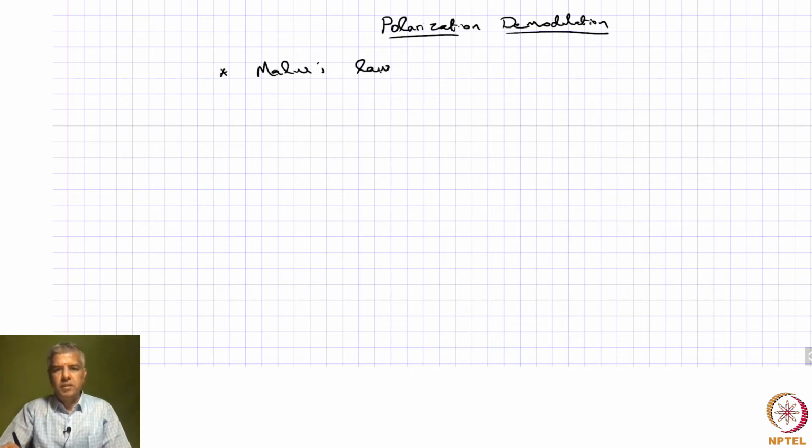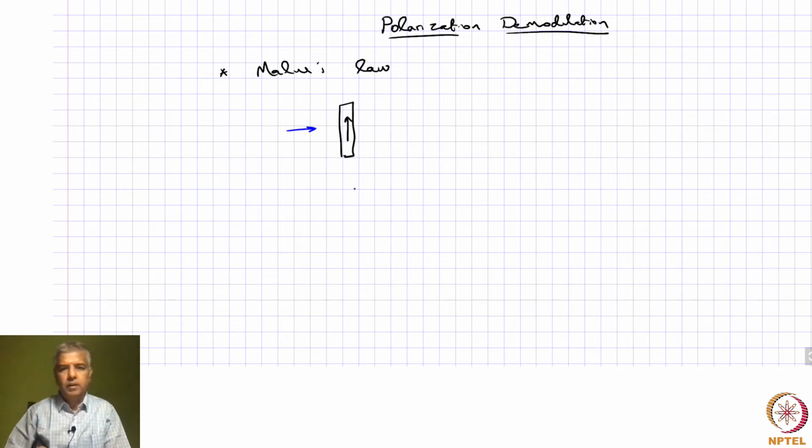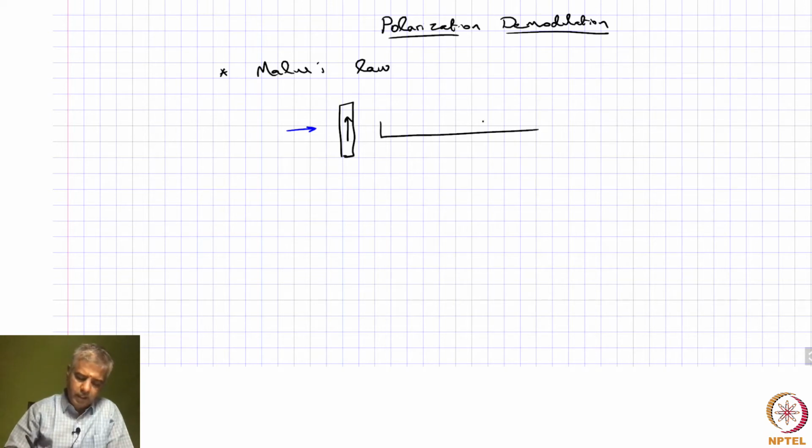What Malus's Law states is that if you have polarized light, let's say you have this optical radiation coming in, and this polarizer is oriented such that it gives vertical polarization, and it goes through some material, let's say initially this material is not perturbed.